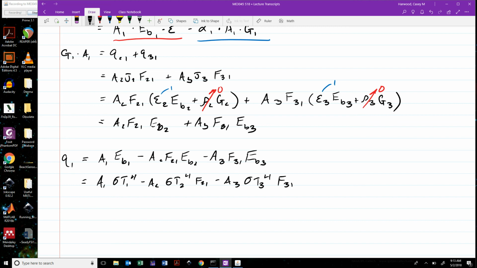All right. What do we want to do now? A1, A2, A3, those are pretty easy to find. Our unknowns here, the things that are stopping us from just plugging in numbers and crunching away on our TI-86s, are the F21 and F31 terms, the view factors.